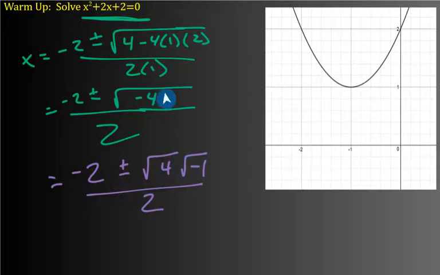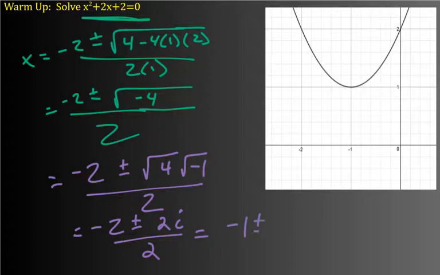So we can do that. And then we can simplify things a little more because the square root of 4 is 2, but we just said that the square root of -1 is i. So we're going to put an i there. And then you could divide everything by 2 also. So actually, this is the answer to this quadratic.